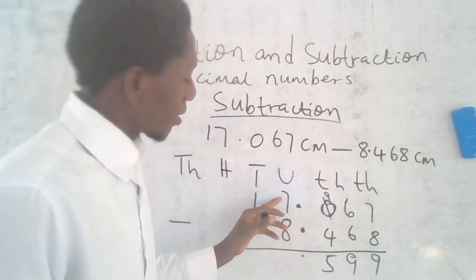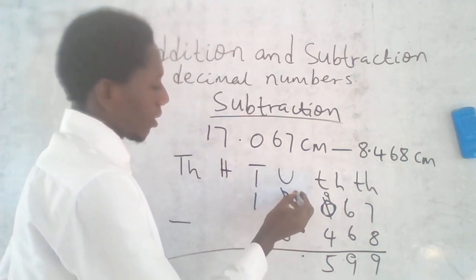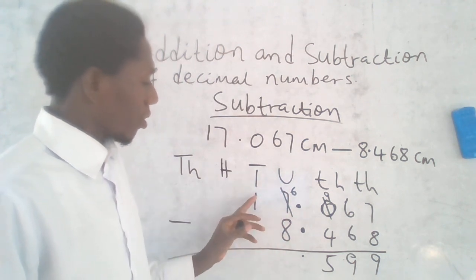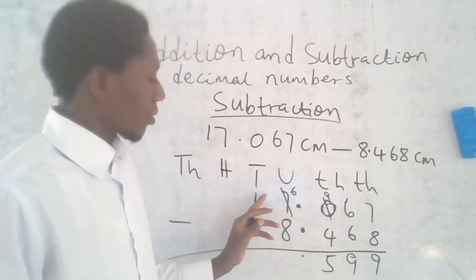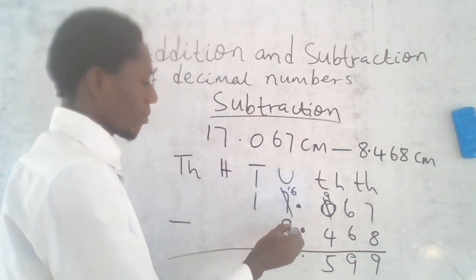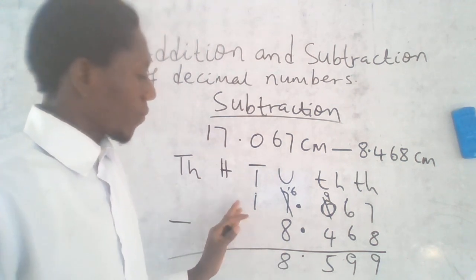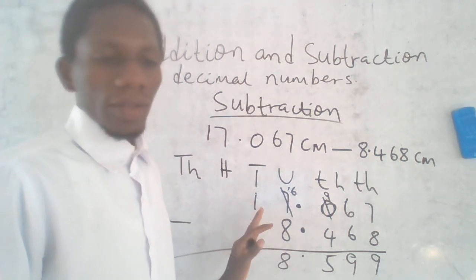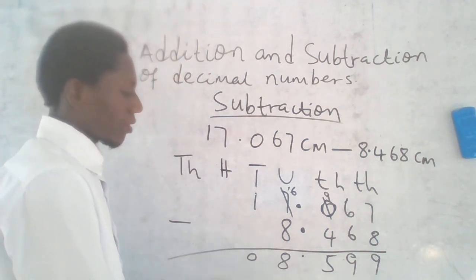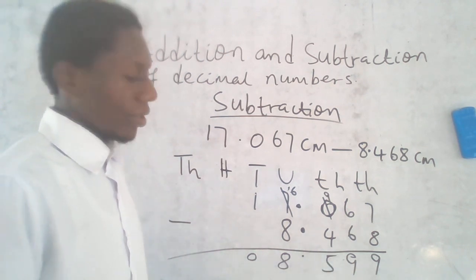Here remains, because you borrow 1 here, this place becomes 6. 6 cannot subtract 8, so you remove this 1 to here. So 16 minus 8 is 8. Here you have taken this 1 away, so there is no number remaining here. So this place is 0. So you have 8.599 as your answer.